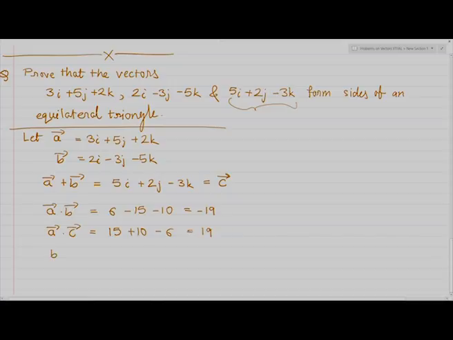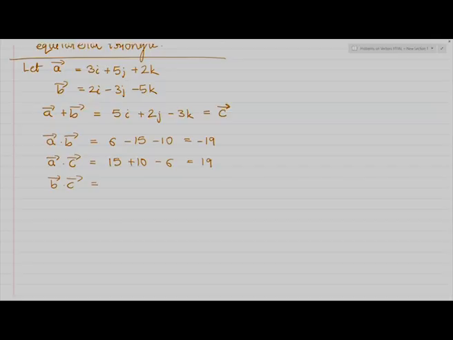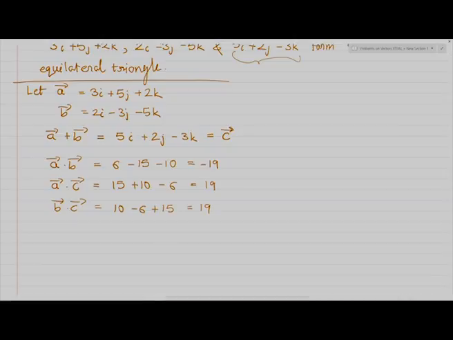Then what is left, B bar dot C bar. These are the three angles that we have to check. So, B bar dot C bar, what is it? Just check, 10 minus 6 plus 15, which is equal to 19. That means all angles must be same.